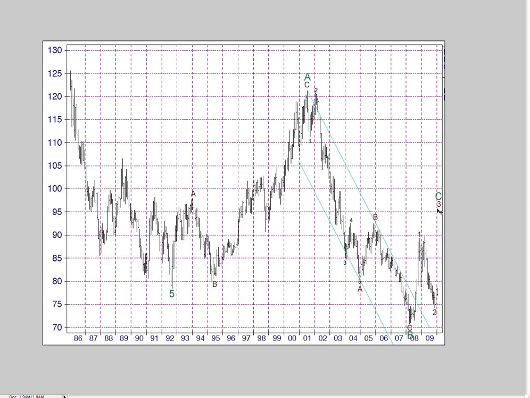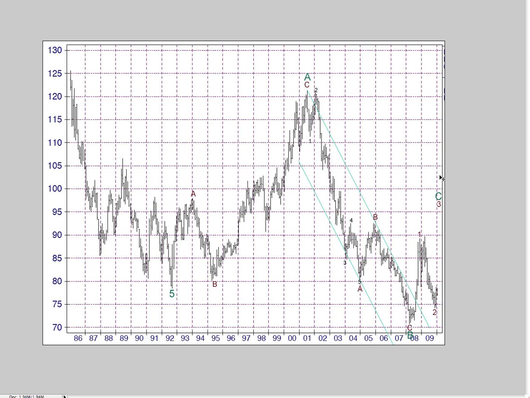In the near term, well, mid-term, our target for the end of primary wave 3 in the first instance lies about 91.91, that's where it will equal wave 1 primary degree in length, but it's much more likely to be longer than that, and a 1.618, the length of wave 1, is reasonable, which would take the dollar up to 102.87, somewhere around here, and then we'll have 4, and then we'll have 5 to the upside, which should reach significantly beyond the end of this A. So that 1.618, the length of primary wave 1, is entirely reasonable.